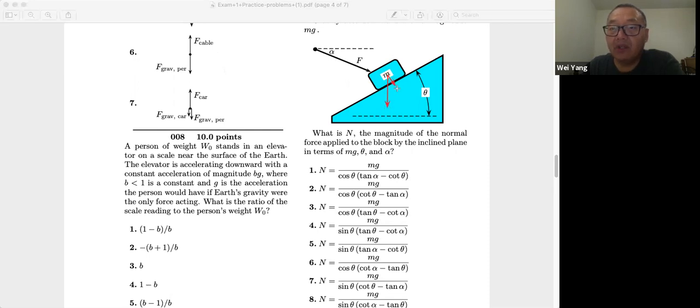Then this weight, you can separate into 2 components. One is a perpendicular component like this. Another is a parallel component, right?